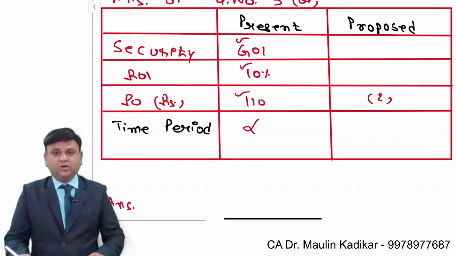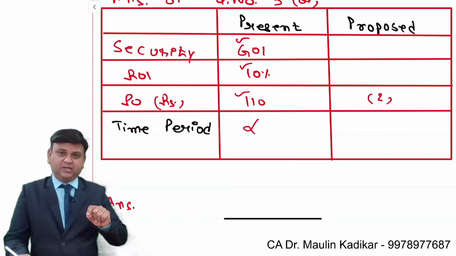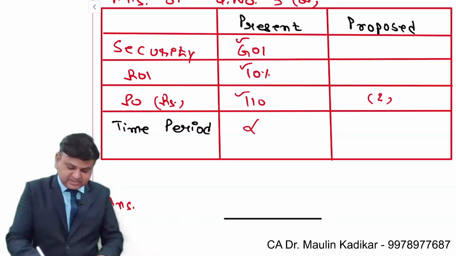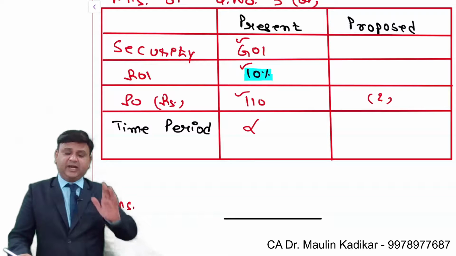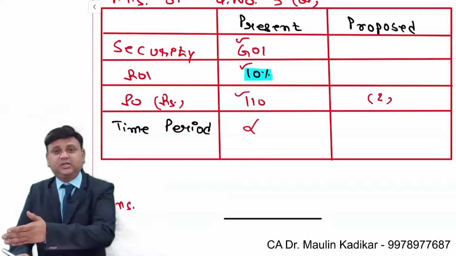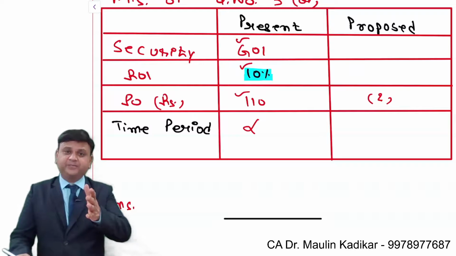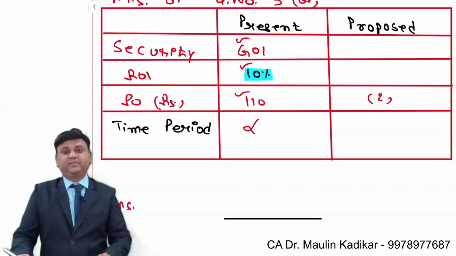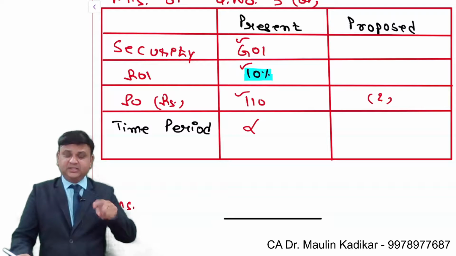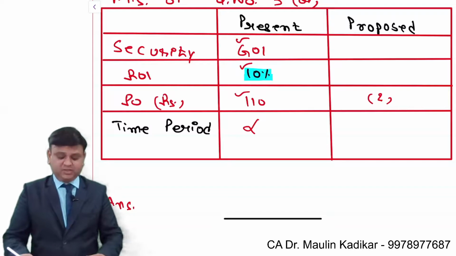Now we have to understand over here that this rate of interest, which is 10%, is the rate of interest which is given to the investor at the time of issue of the security, and in no case that rate of interest is going to change. In no situation this rate of interest can change.